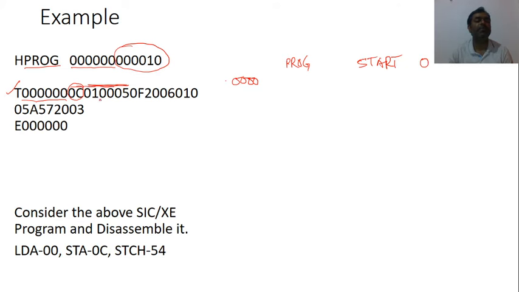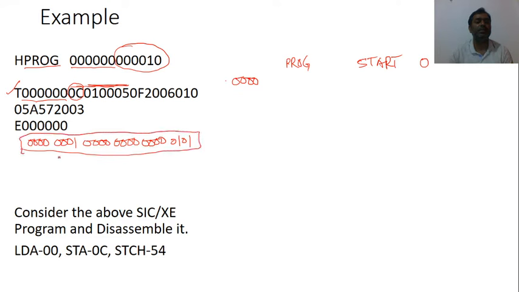You can see here this is 010005. If I convert this into binary, it will be 0000, 0001, 0000, 0000, 0000, 0101. Now if I put this instruction in format 3 of SIC/XE, then opcode is 6 bits, then N, I, X, B, P and E, and this is our displacement.